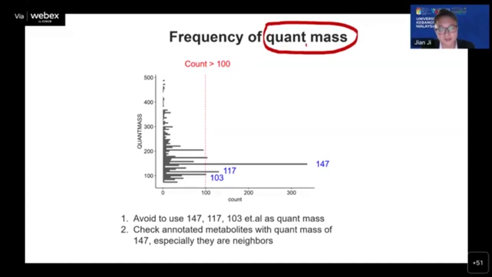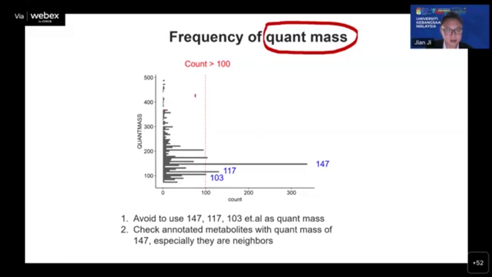We call it quant mass. In LC-MS, we normally use precursor ions, the molecular ions, to quantify these metabolites. But in GC-EI-MS, we do not have the precursor ion. All the precursor ions are pretty low. So we need the fragment ions to quantify the metabolites.